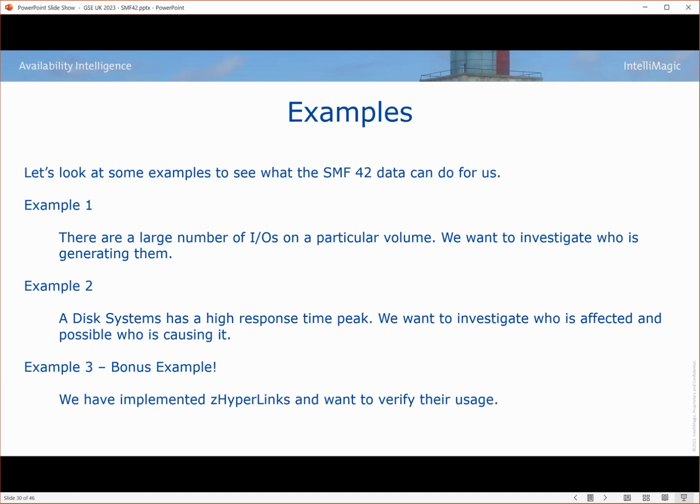That's a typical question that a customer has. We need to dig deeper into a problem to find out what's happening. And the third example I've labeled bonus example. Some customers are implementing zHyperLinks and I would like to verify their usage. That's the kind of data that we can have in numerous sources, but SMF42 is one of them.